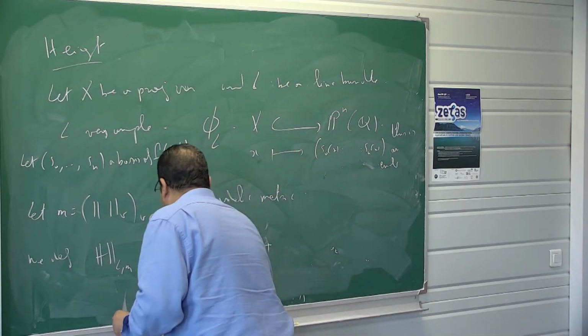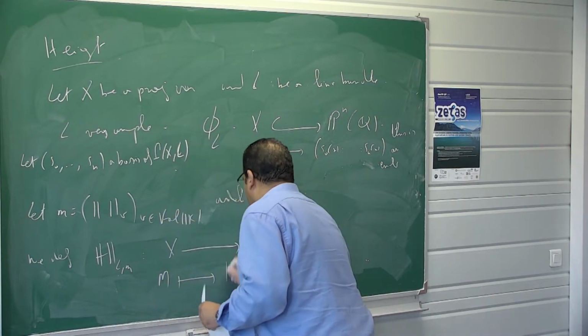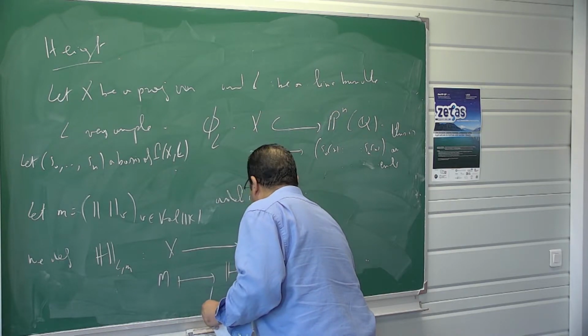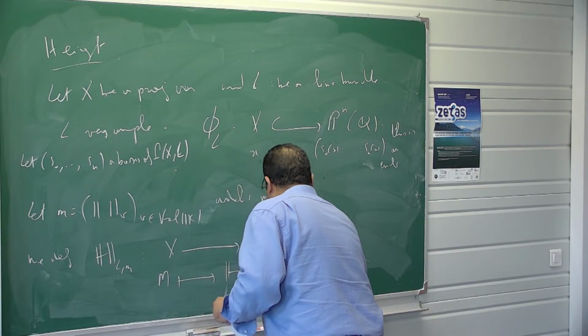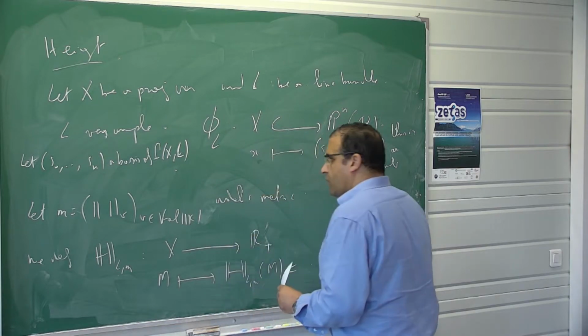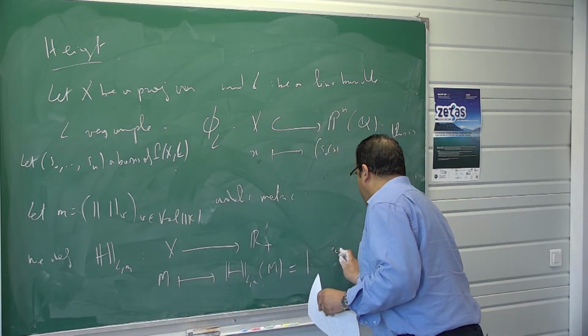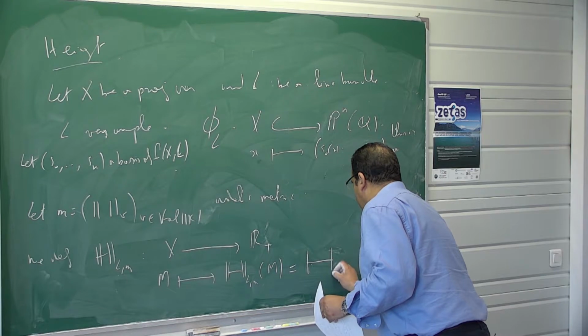To a point M we define the height of the point M as the adelic height.